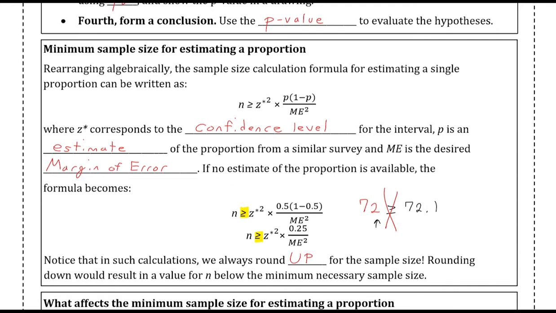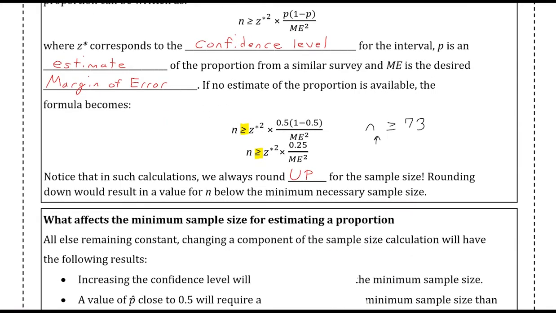We're going to need a whole number anyway, so when we calculate that right side for 72.1, we're going to take that and instead make a statement that says n needs to be greater than or equal to 73. Because any value of 73 or higher is inherently larger than 72.1.